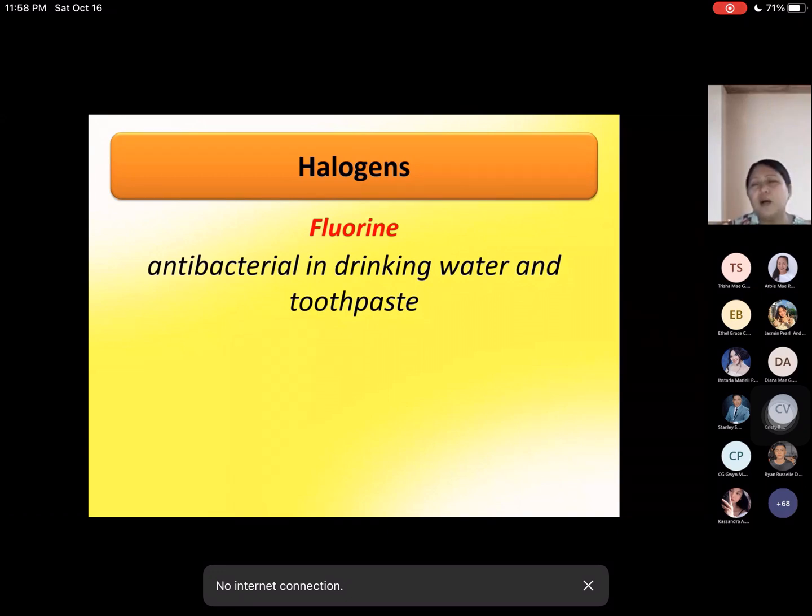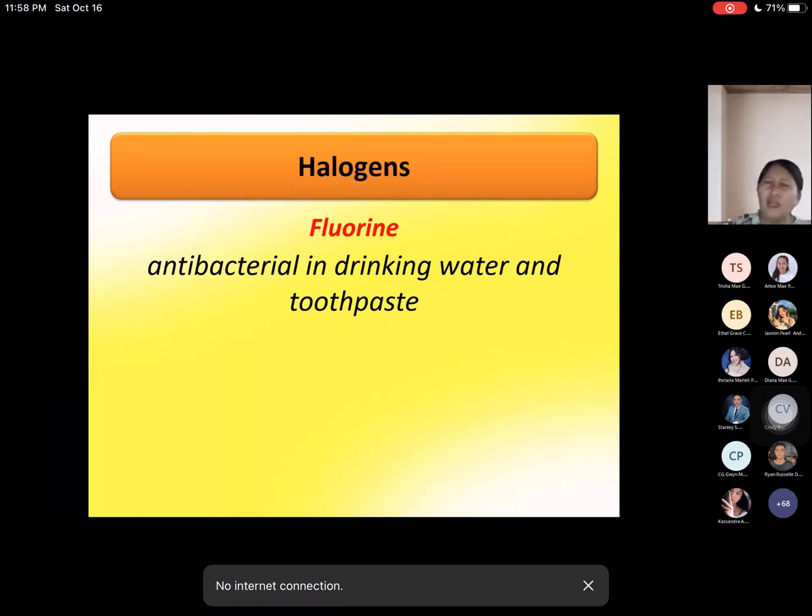I remember one time our dentist said it is actually very expensive to have fluoride on your teeth because it has an antibacterial property. They usually paste it on the teeth to prevent decay. But the disadvantage of the fluoride applied on the teeth is that when you eat something like bubble gum, it comes off with it.